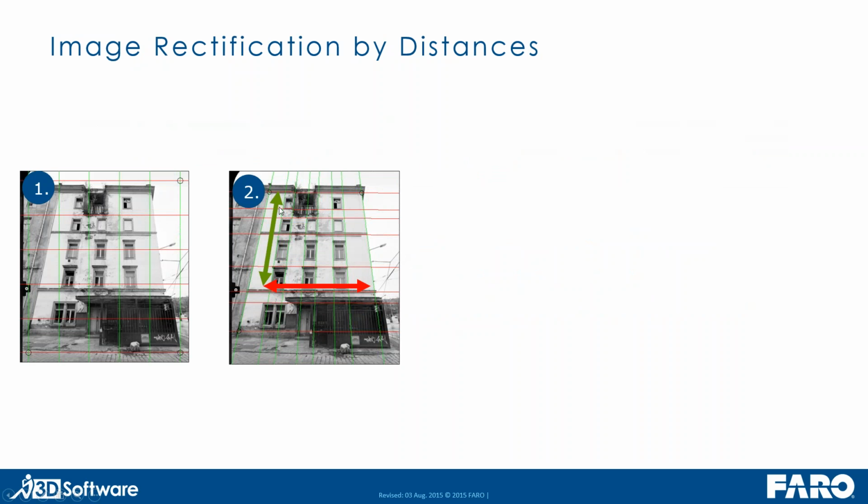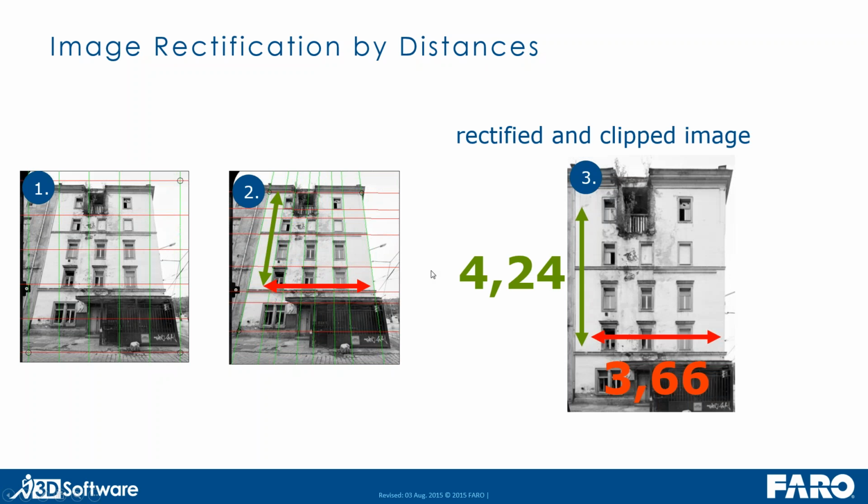And then in addition you need to have at least 2 true length measurements for a distance in the photograph, and then the algorithm will give you the rectified image, and you can clip that image in advance so you get rid of those areas which are not of interest. And then you are able to measure inside this rectified image.